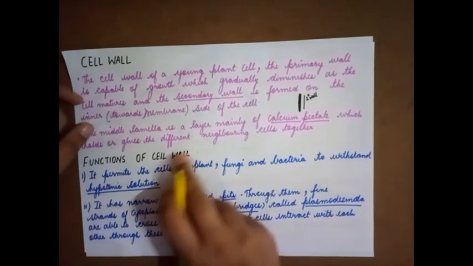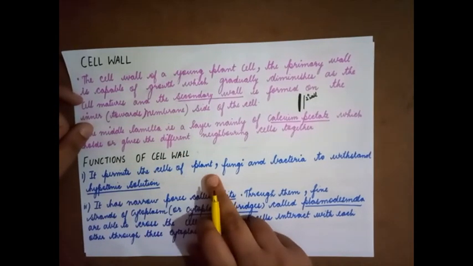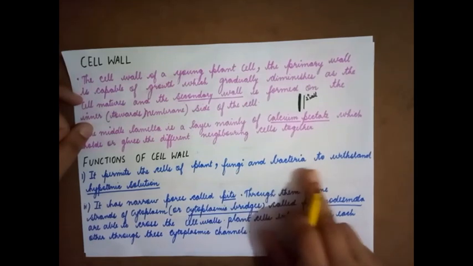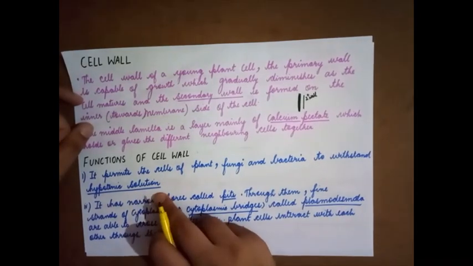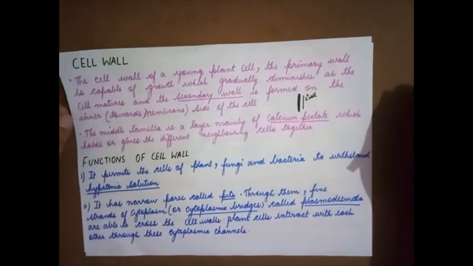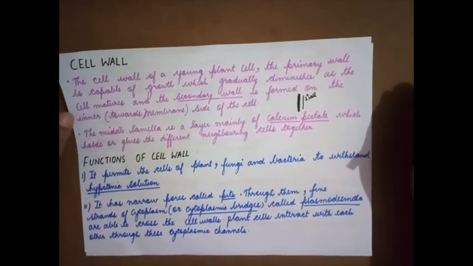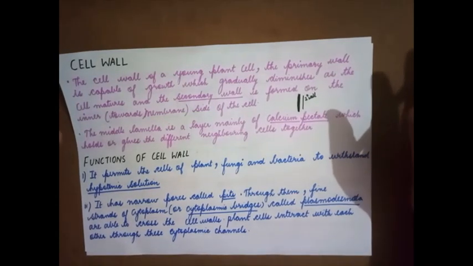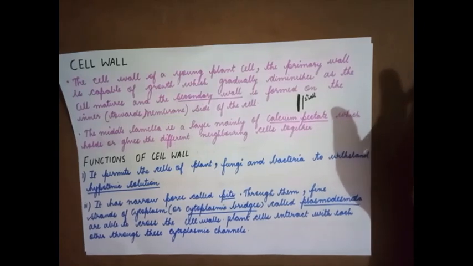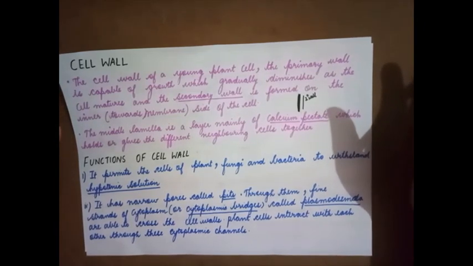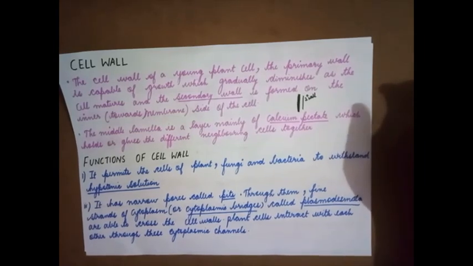Functions of cell wall. It permits the cells of plant, fungi and bacteria to withstand hypotonic solution. What happens over here is, in hypotonic, I already told you endosmosis will take place. When the endosmosis takes place, the cells take in water and it becomes bulged.